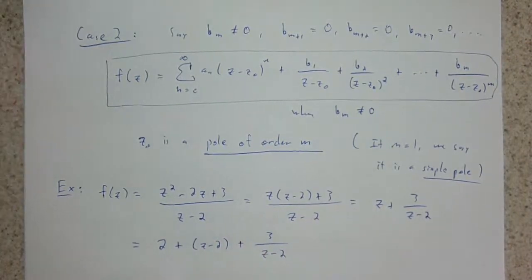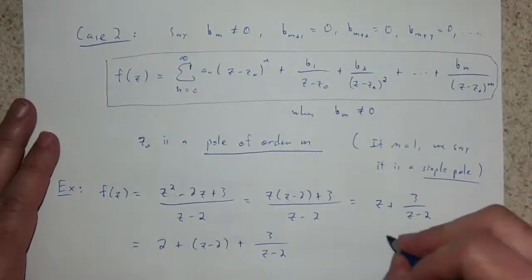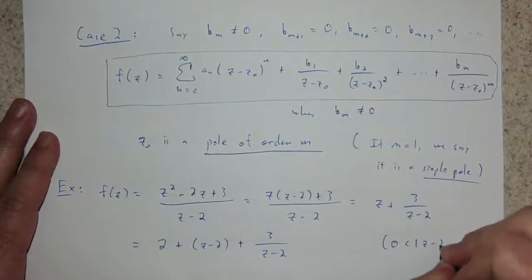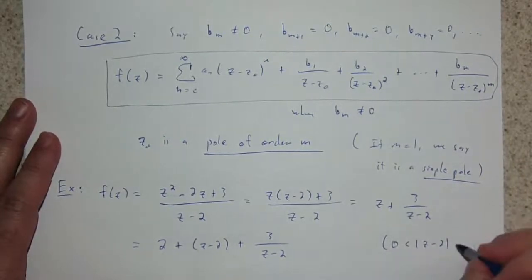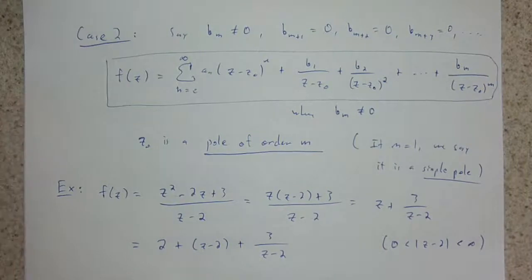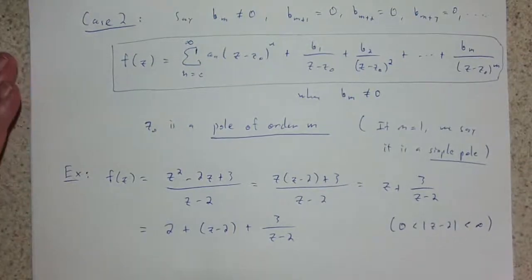Why are we doing all these algebraic tricks? Because we want to put this in a very specific form where we have a z minus 2 to some power in every term. And this is on the domain where the modulus of z minus 2 is between 0 and infinity, right, so the punctured disk at 2. So, what can you say about this?